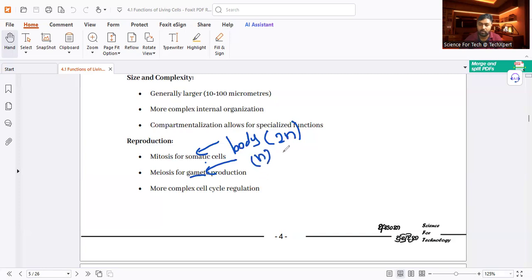And I told you meiosis gives N. N means only 23 chromosomes here, not 23 pairs. Here only one single set. Write that down.